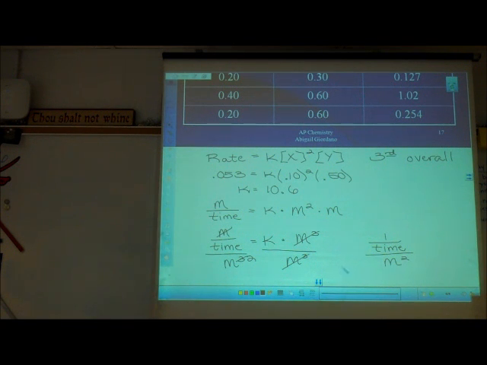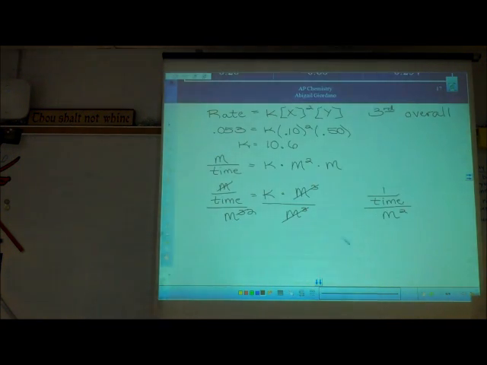You could write it like that. You could write it like that. You could write it like this. It's totally up to you. All three of those mean the exact same thing. They are all equally correct. You choose which one you like. I'm going to pick this last one, but it's your choice.